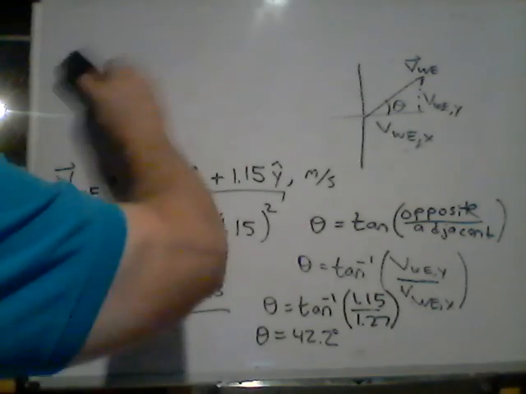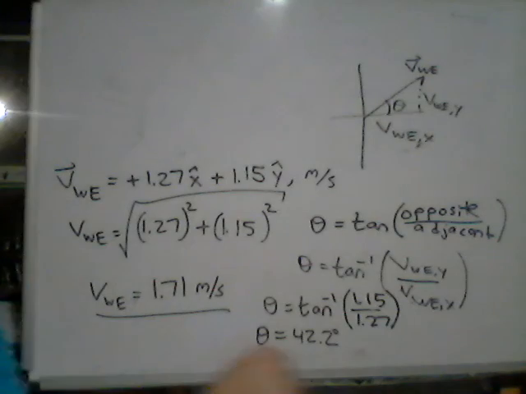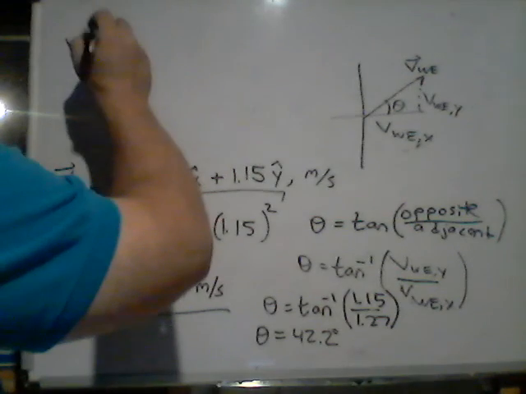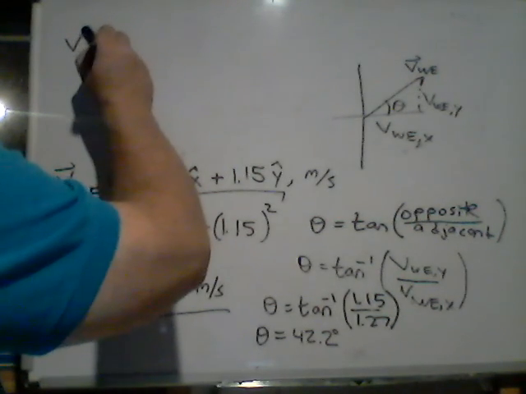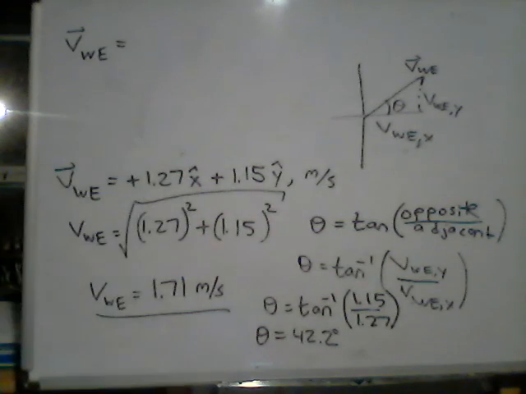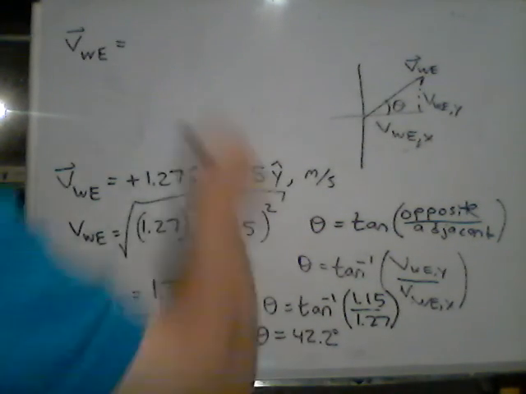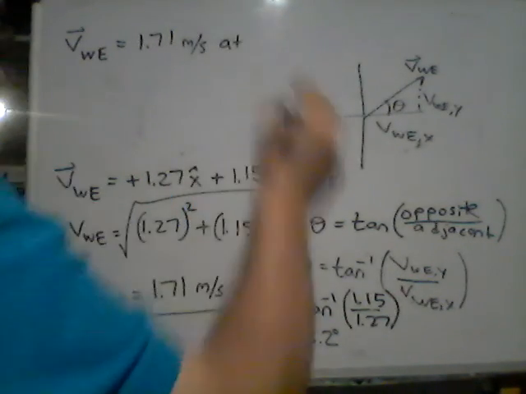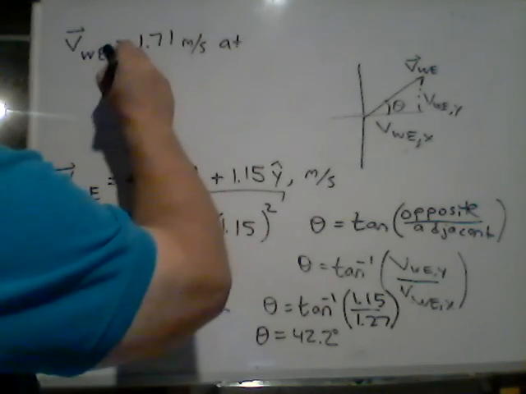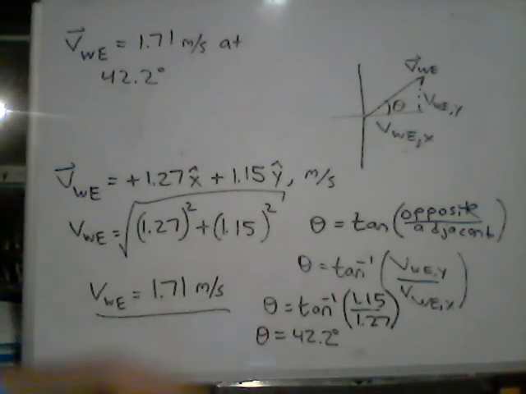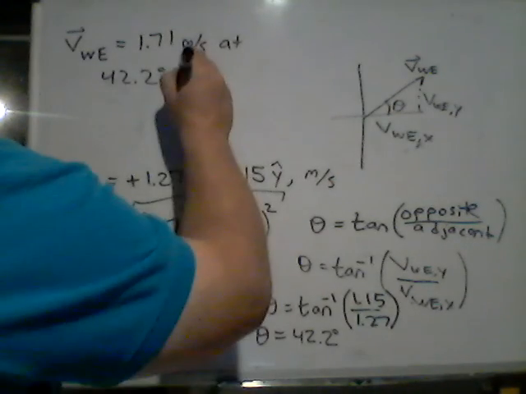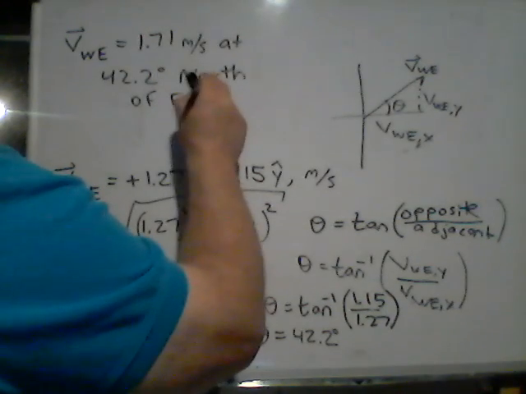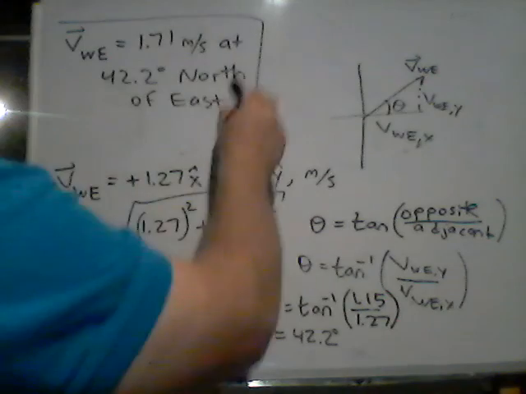The final answer that you'd want to turn in to me, if you did this problem, would be that V sub WE, the velocity of the water with respect to the Earth, is 1.71 meters per second at 42.2 degrees north of east. Spoken in the same language as the problem was given. That would be the final answer.